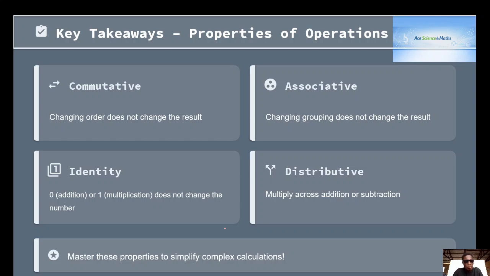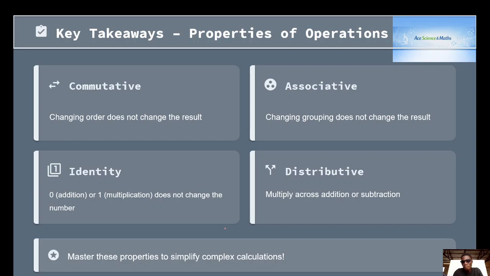And in identity property, we established that adding 0 or multiplying any number by 1 does not change the value or the result. And we also established that distributive property is just multiplying across addition and subtraction, telling us the relationship they have with addition and subtraction in simplifying expressions.